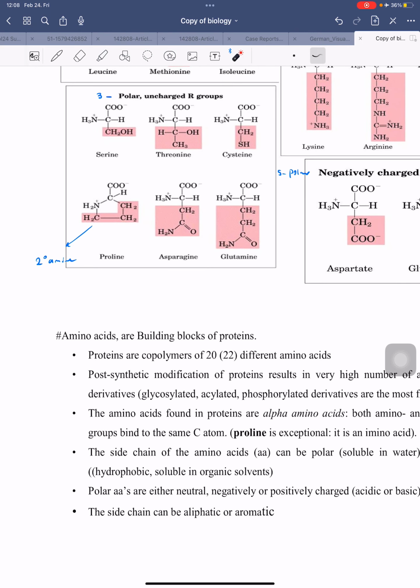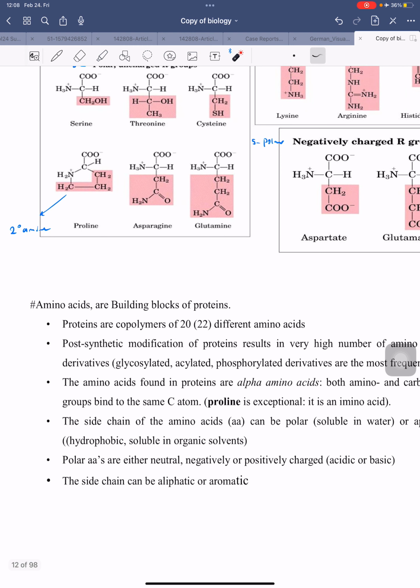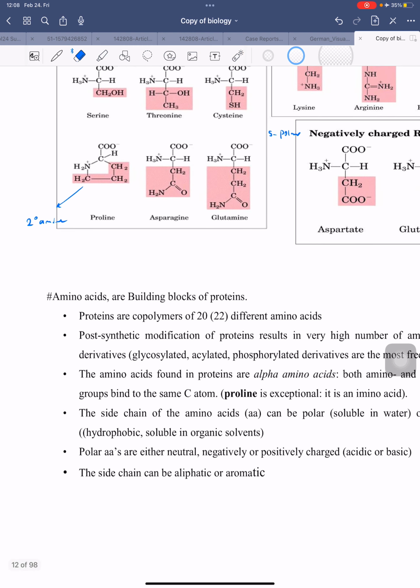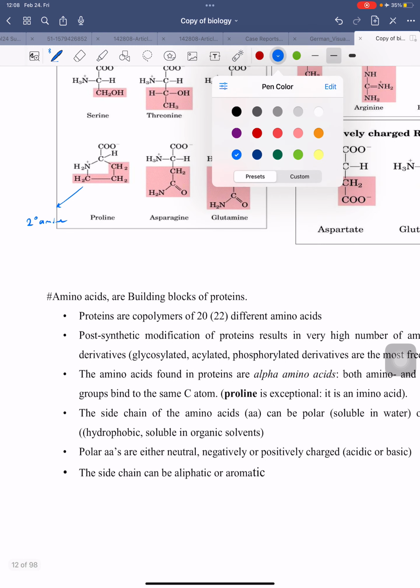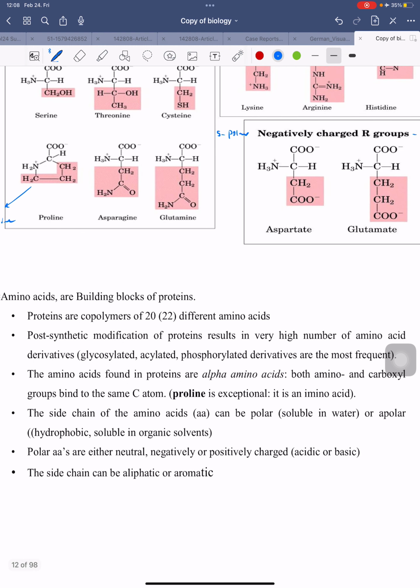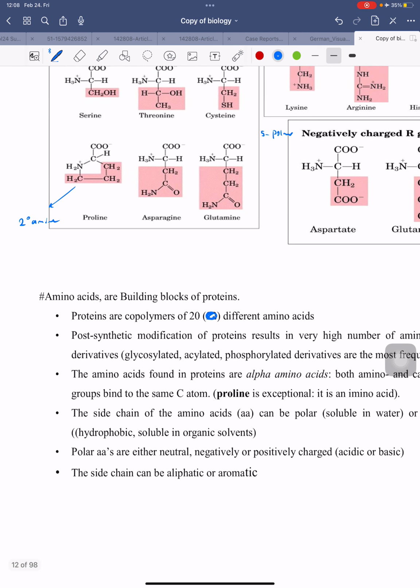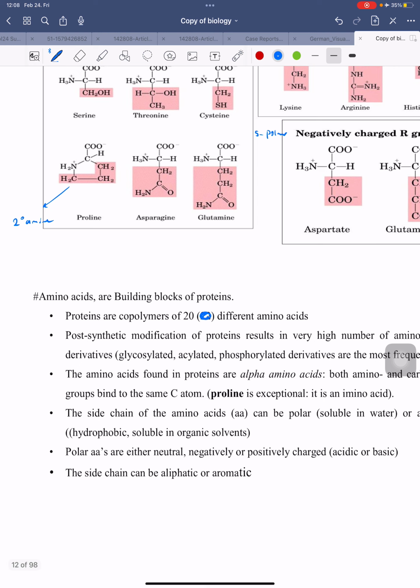Amino acids are the building blocks of protein. Proteins are copolymers of 20 different amino acids. Post-synthesis modification of proteins results in a very high number of amino acid derivatives, which is very important.